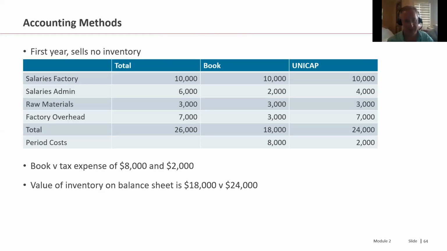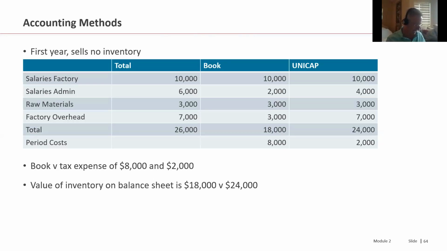Only a third of the admin salaries are going to end up in inventory. Raw materials, that all goes into inventory. Of the overhead, looks like 3/7 ends up in inventory for book purposes. So my total cost of inventory for book purposes is 18,000, which means that the remaining 8,000, the 26 minus the 18, must be period costs, and I just expense those as incurred.